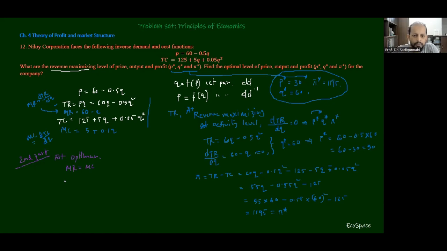That means our 60 minus Q equals 5 plus 0.1Q, or we can say that 1.1Q equals 55. So Q equals 50. So we have got Q star here. Q star equals 50.